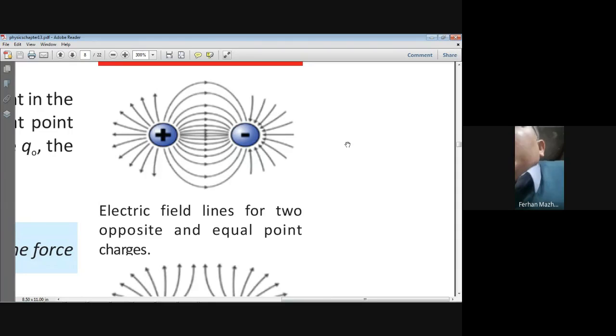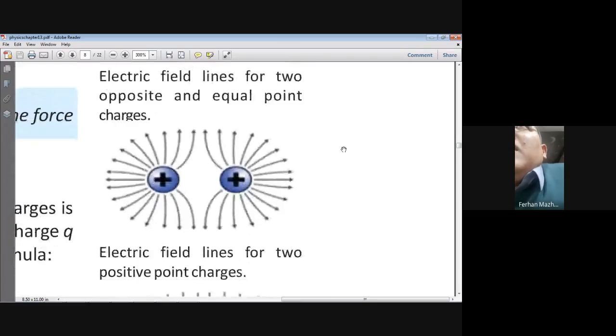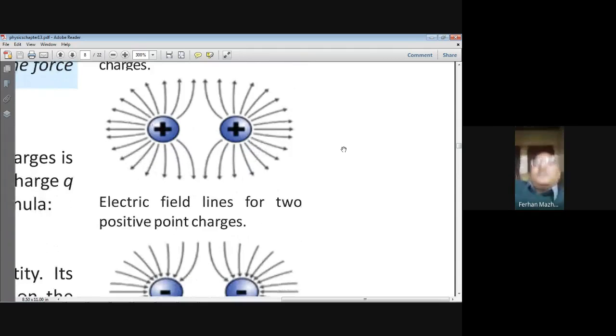In the same way, let me show you here. Here you can see, I bring a positive and a positive charge in front of each other. From the left positive, the electric lines are coming out. From the right positive, the electric lines are coming out.